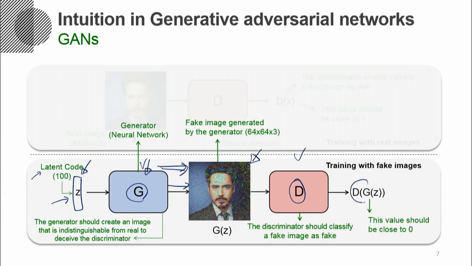In this case, the classifier output should be close to 0, indicating that it is a fake image. But from the generator's perspective, the generator should create the image so that it is as indistinguishable from the real images as possible, to deceive the discriminator. So from the generator's perspective, it would be ideal for the discriminator output for this image to be close to 1 instead of 0. That's where the conflict between these two networks arises.